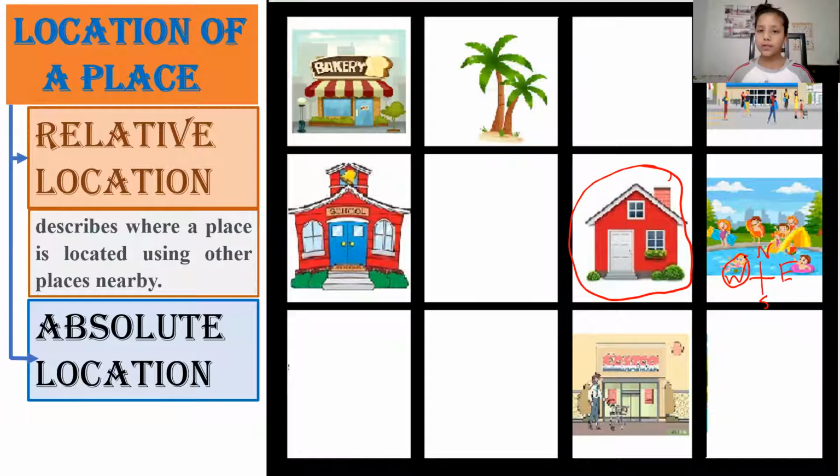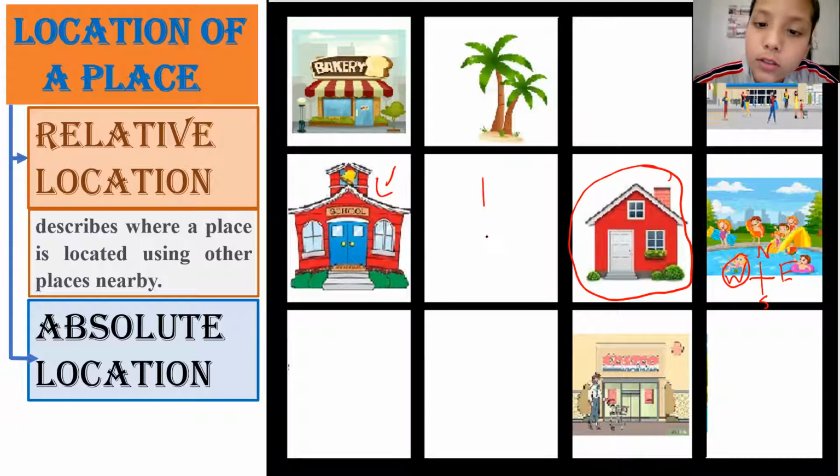Let me give you one more example. Here's the school. My friends now want to know where my house is located relative to the school. I would say that my house is located 2 miles east from the school.